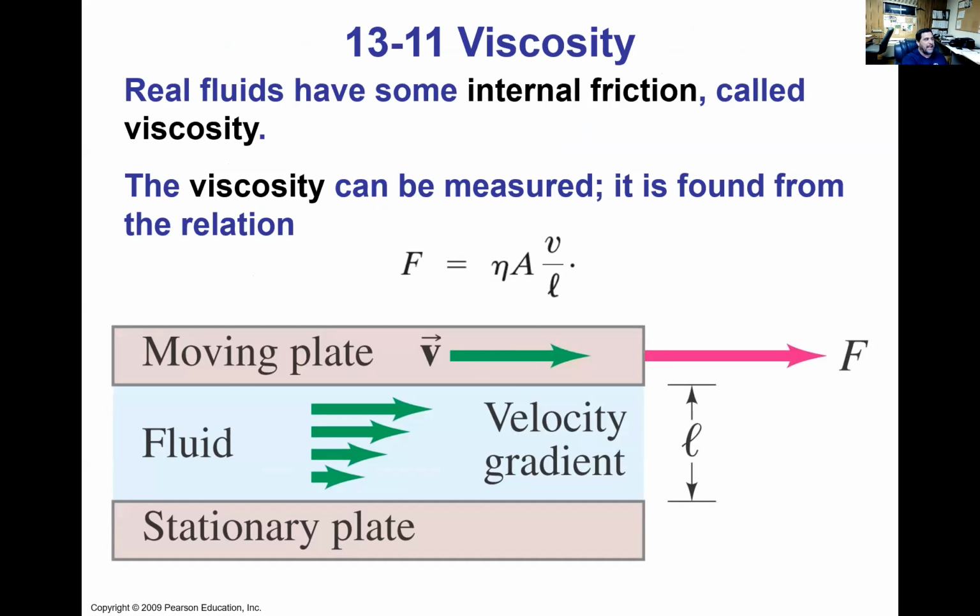Viscosity. Viscosity is an internal friction in real fluids. The viscosity can be measured if you have a stationary plate and a moving plate based on the equation that you see there on your screen. So the internal friction in a fluid is called its viscosity.